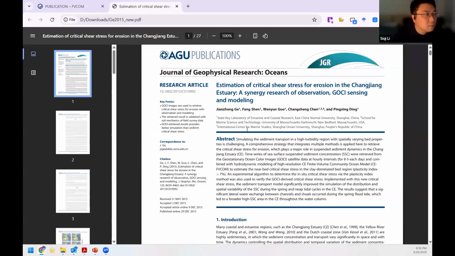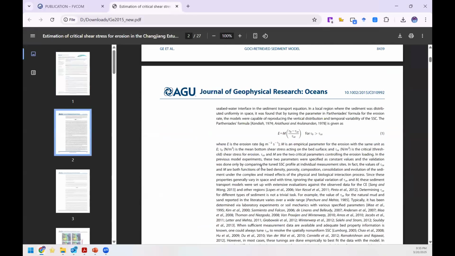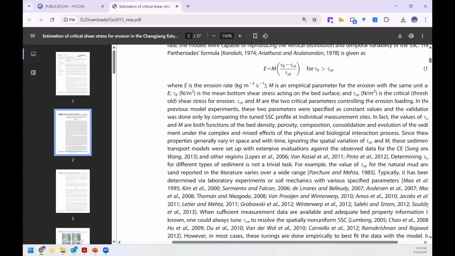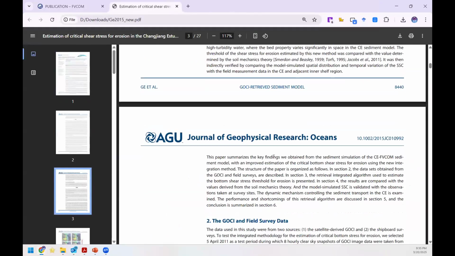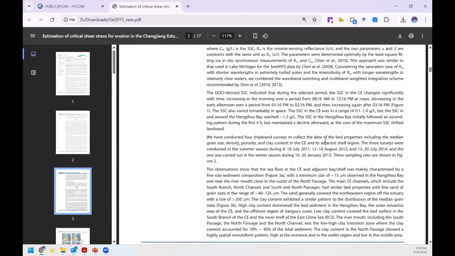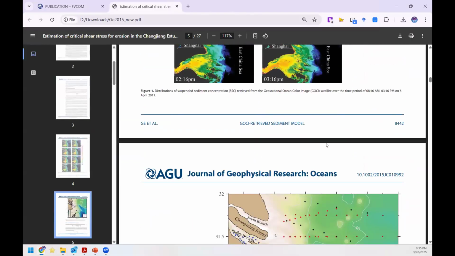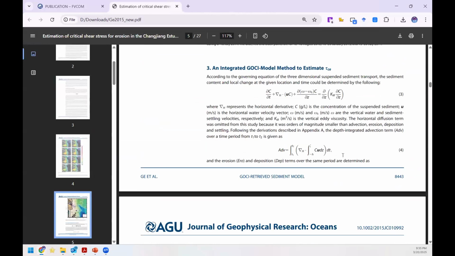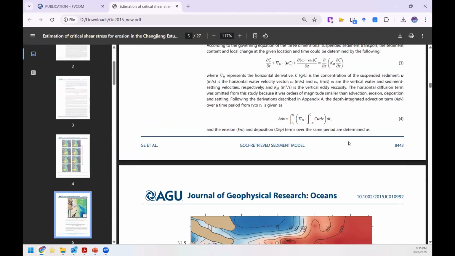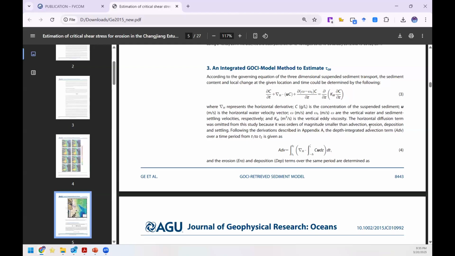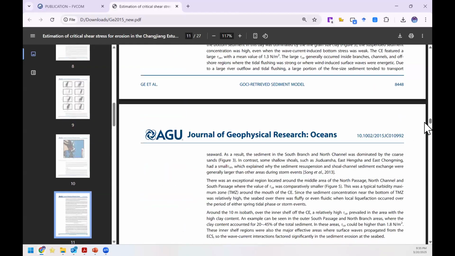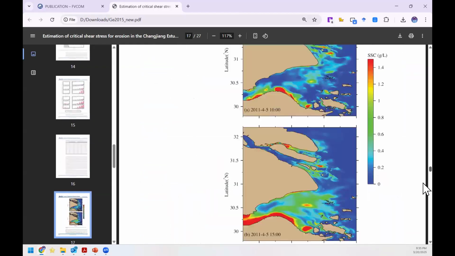Okay, it's JGR. Look at the equation, let me see. Okay, the stress here. You can make it bigger. Go down. They have the whole 1D equation. That's the data comparison. Okay, they didn't include a 1D model in the main text. Probably in the appendix.